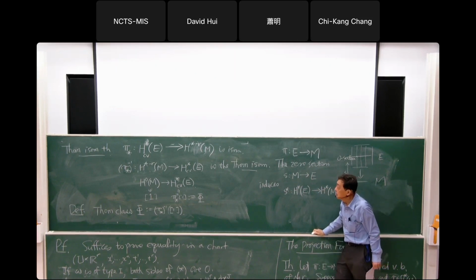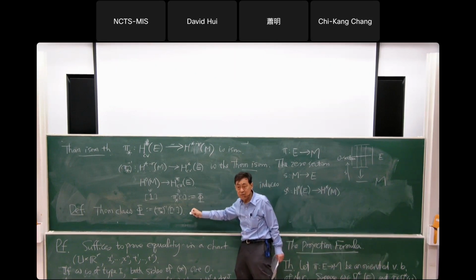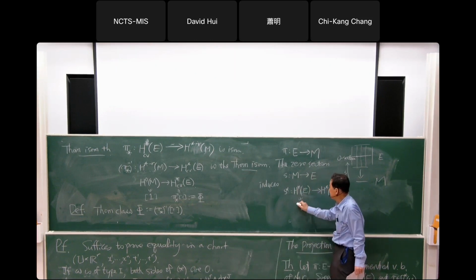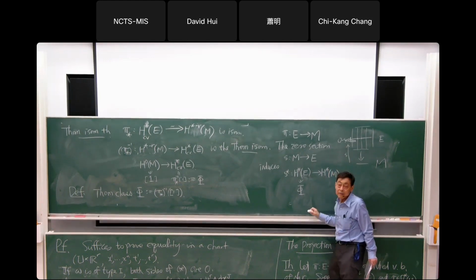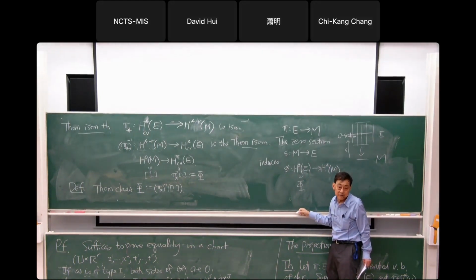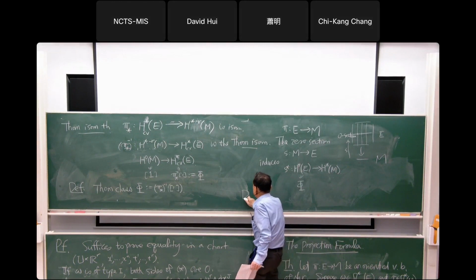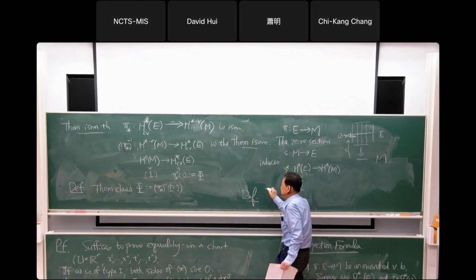Now the Thom class is represented by a closed differential form, okay? So it will define a cohomology class here too. And therefore, you can pull it back. And that's also very special because it doesn't depend on anything. And that is called the Euler class of the vector bundle.